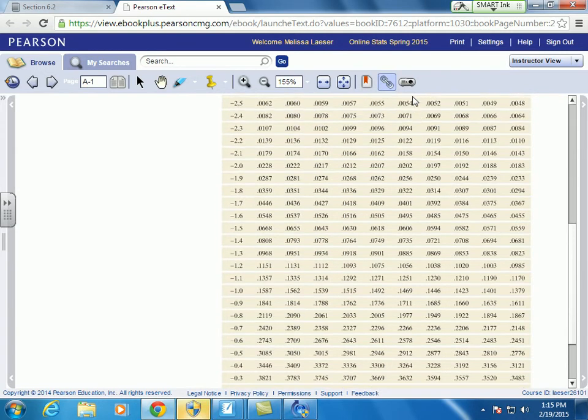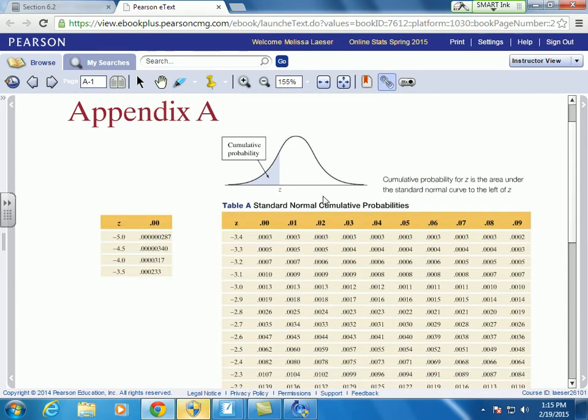And what this does is it allows us to go outside of the empirical rule to calculate all kinds of probabilities. What if my z happens to equal -2.46? Well, -2.46 is this number right here.